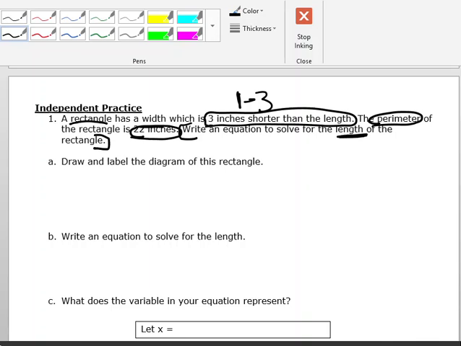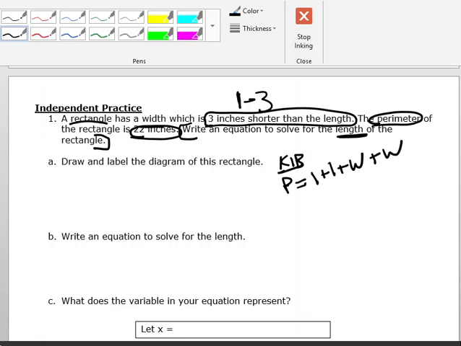So here's what I know, my key information box: to find perimeter, I do length plus width plus length plus width. A slightly better way to write that would be 2L plus 2W.